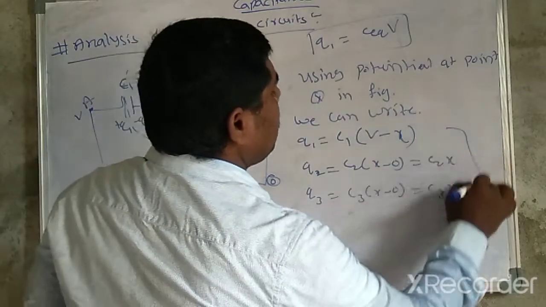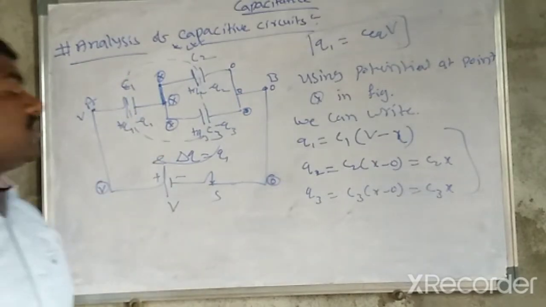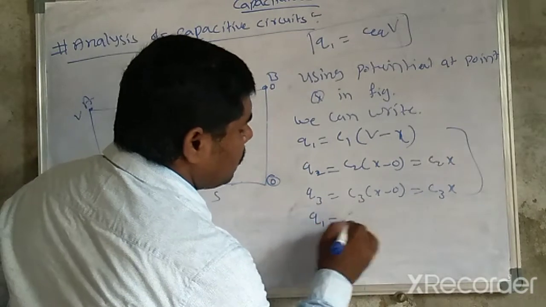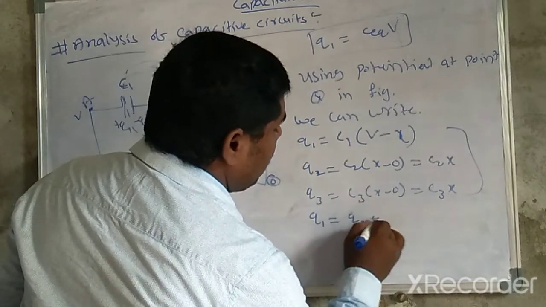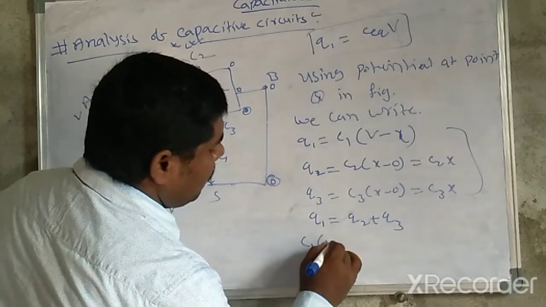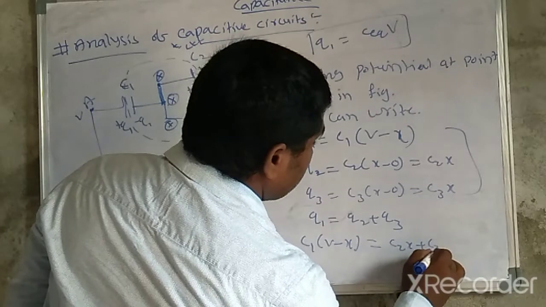So these three you may use. Already we know the nodes of a capacitor circuit: Q1 is equal to Q2 plus Q3. Substituting Q1, that is C1 into V minus X, is equal to C2X plus C3X.